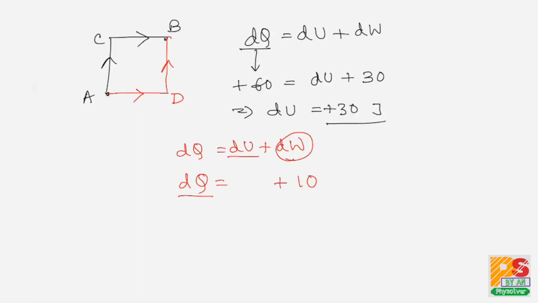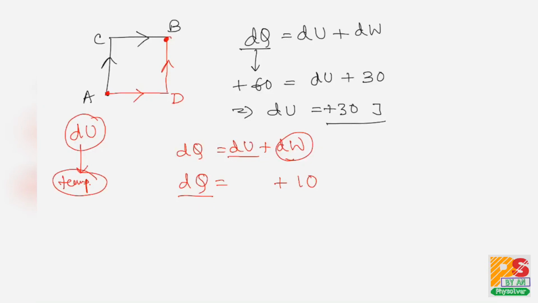As I mentioned earlier, since the initial and final position is the same, I can say that in the two paths the change in internal energy will be the same, because change in internal energy of an ideal gas depends only on the temperature.